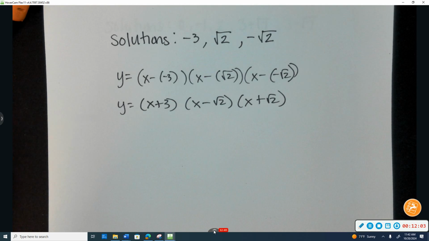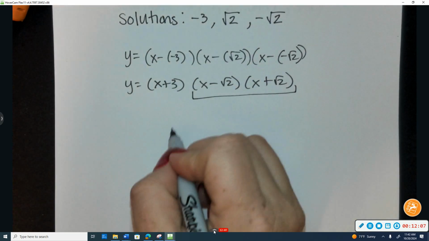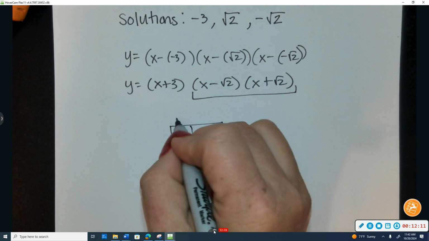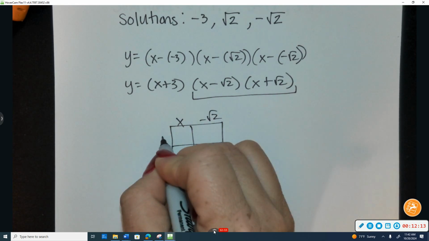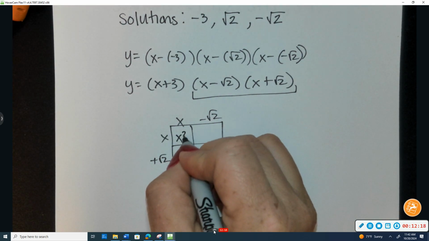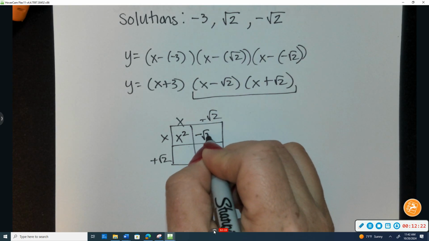Now I want to show you, I'm going to multiply these two first. x and negative square root of 2, and x and positive square root of 2. x times x is x squared. x times negative square root of 2 is negative square root of 2 x.